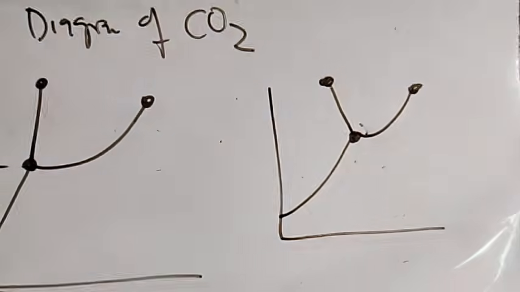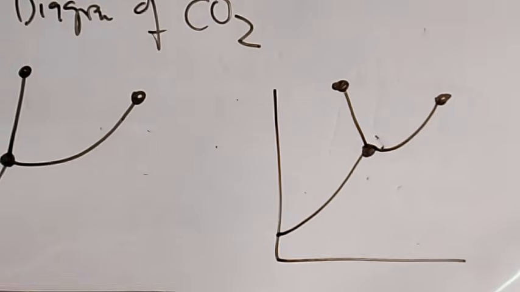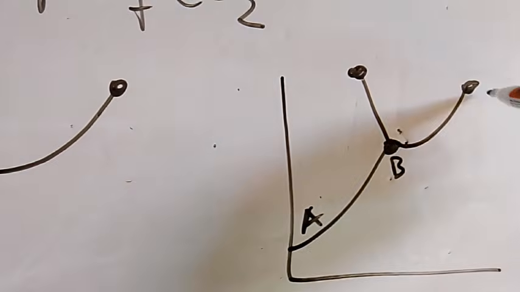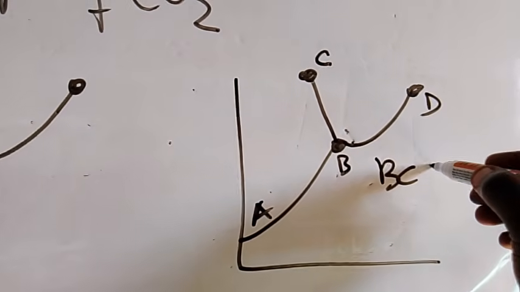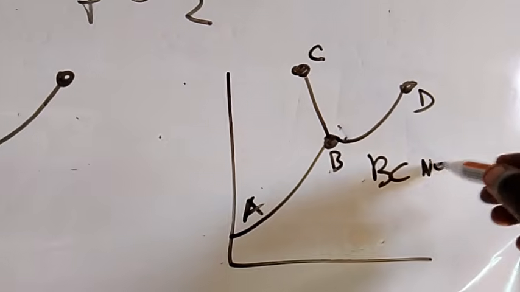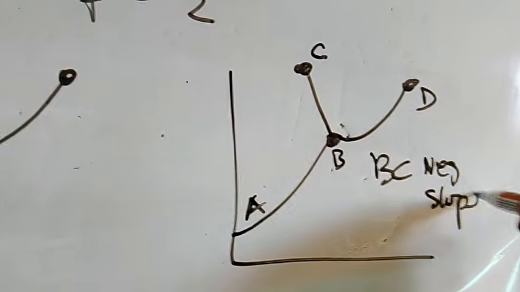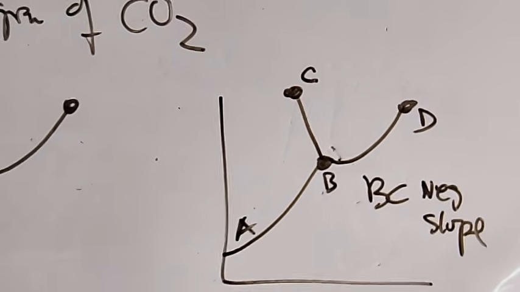It has a negative slope for water, the one that we just drew. Take note that line BC has a negative slope. That is for water.